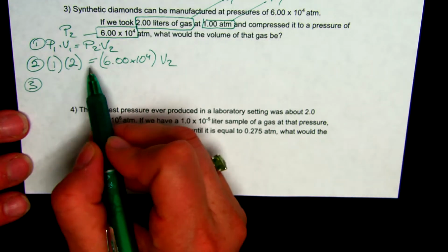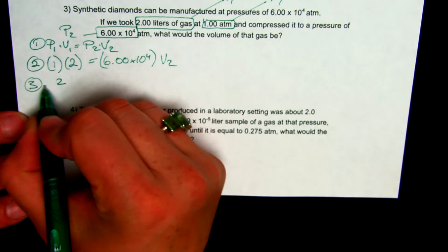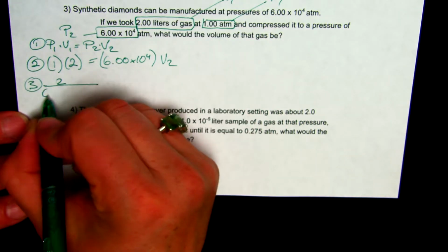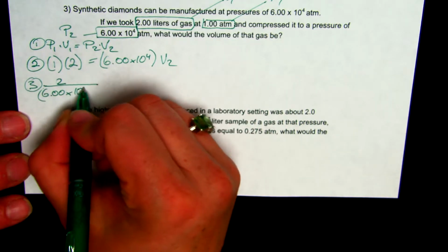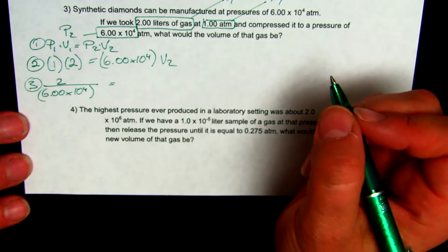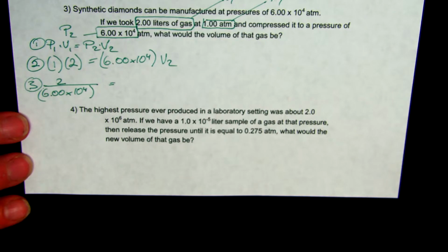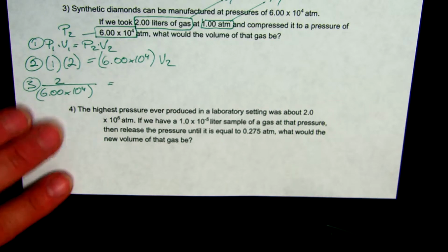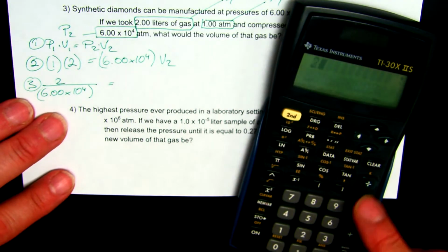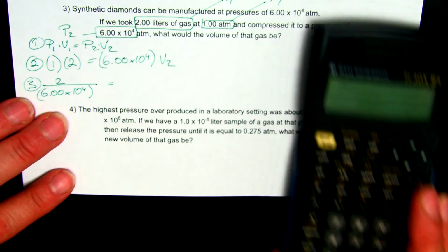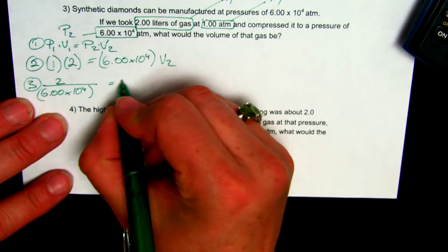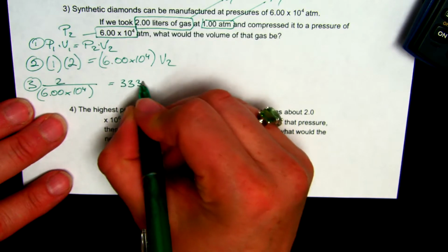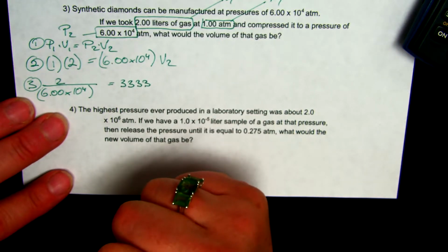So we know that 1 times 2 is 2. So basically 2 divided by what I have on my right side. Take your calculator, but remember now you can't use that. You say 3,333. Can somebody double check for him? Times 10 to the what?